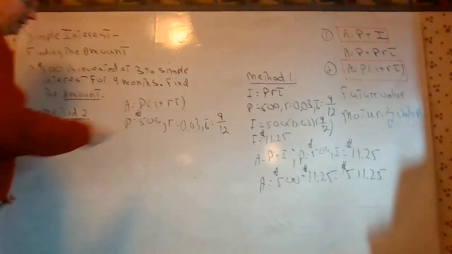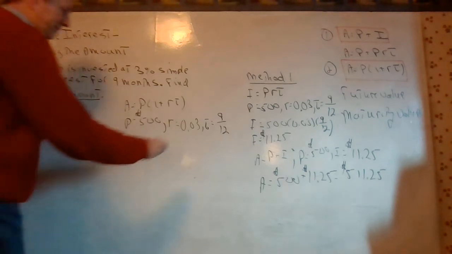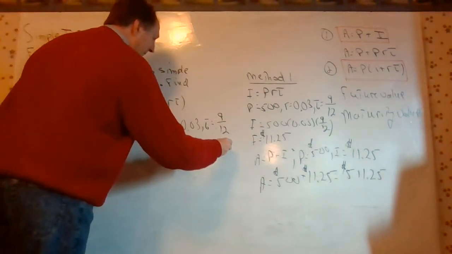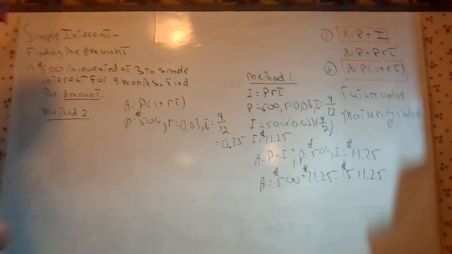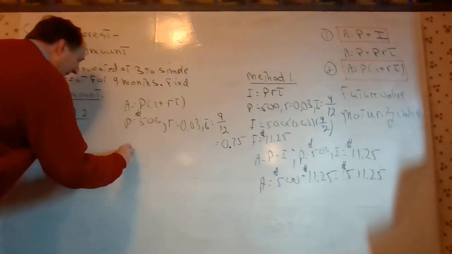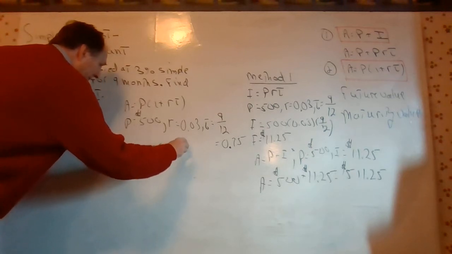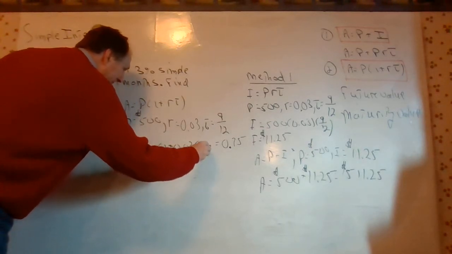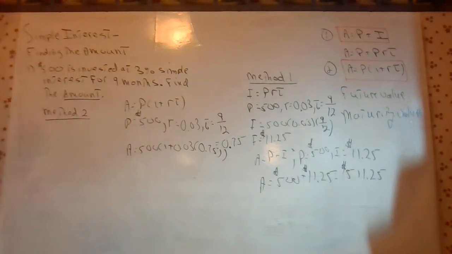And incidentally, if you want to convert that to 0.75 right off the bat, feel free to do that. And now we substitute. A is 500 times 1 plus 0.03 times 0.75. And then a good way to do this on a calculator, I'll show you two ways.